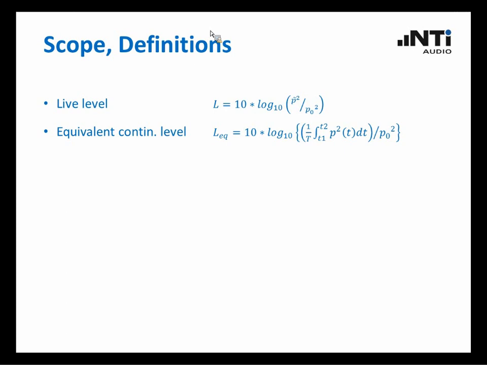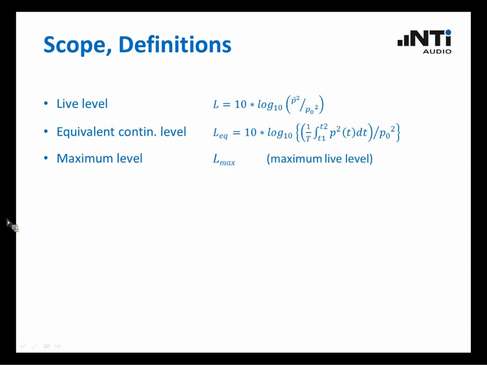The major difference between these two values is that in the equivalent continuous level we have an integral, so we are averaging the live level over the recording period. Whereas a live level gives us information on the instantaneous status, the LEQ gives us the information of the averaged level at the end of our recording period.